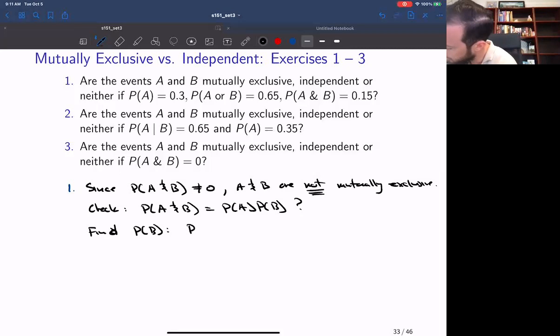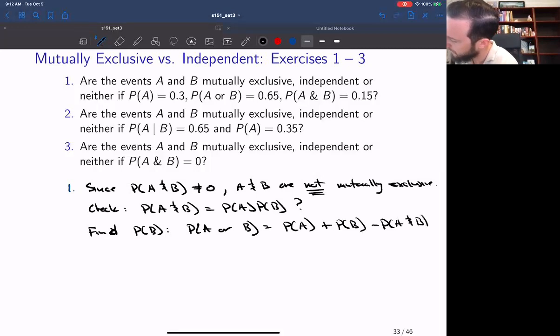We know that the union of 2 events is going to be P of A plus P of B minus the intersection.